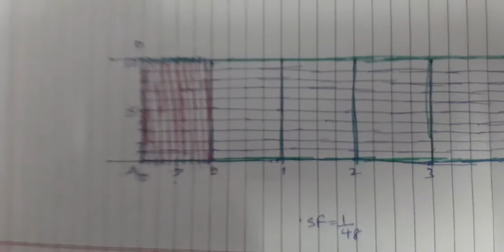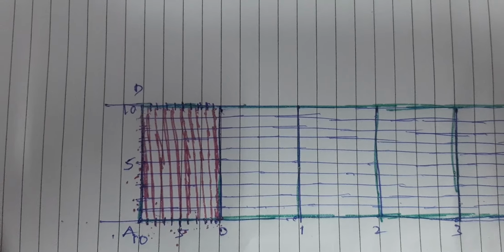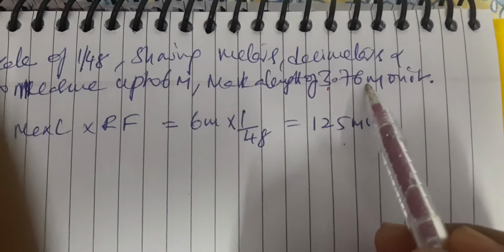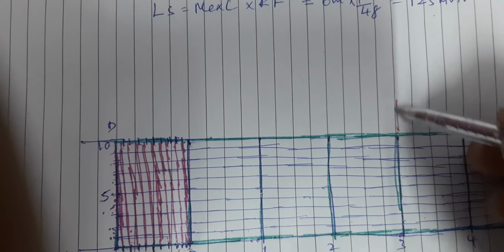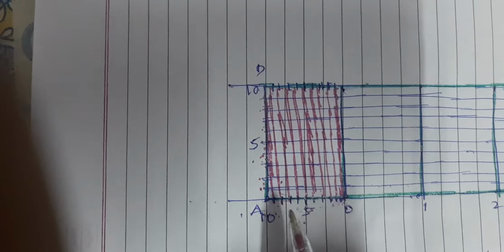Now it's time to represent the dimensions. Here we are asked to represent 3.76 meters on the scale. First draw a vertical from the third line and go to the first division, and find the seventh line from the base. This one is fifth, sixth, seventh.